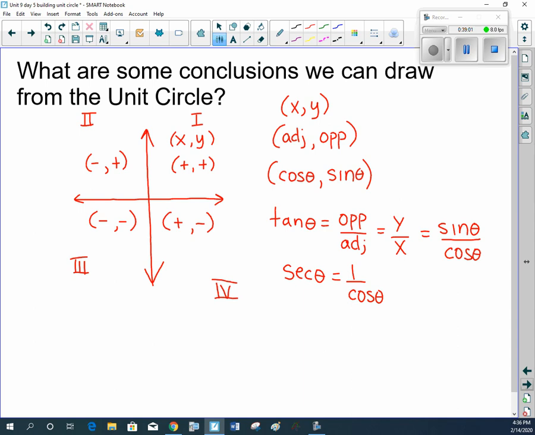Let me finish the definitions and then we'll put a slide up and we'll do an example. So secant is 1 over cosine, and then cosecant is the reciprocal of sine, and cotangent theta is the reciprocal of tangent theta.